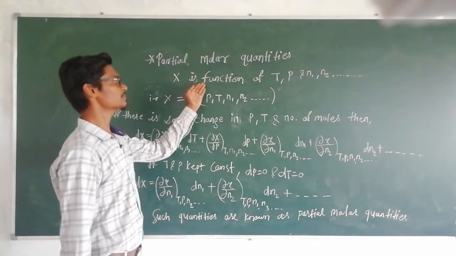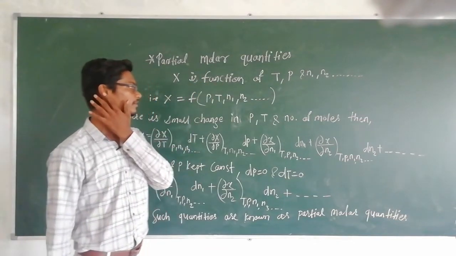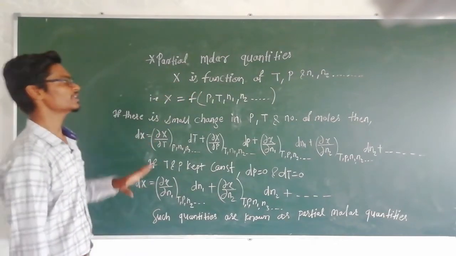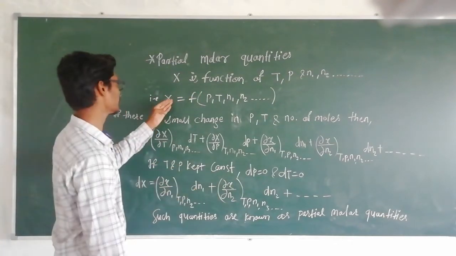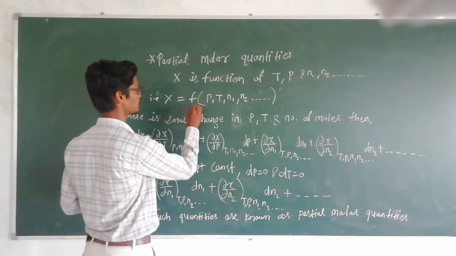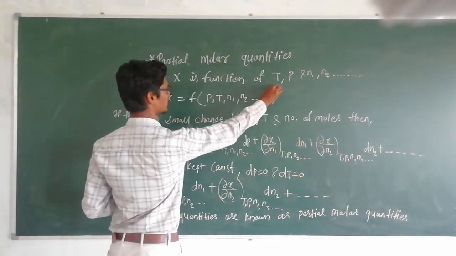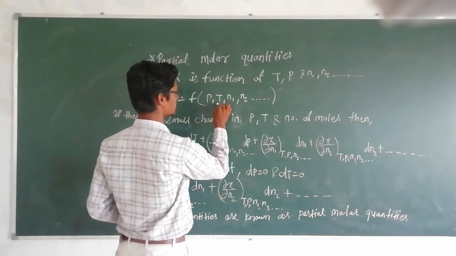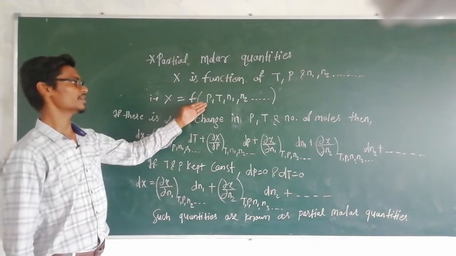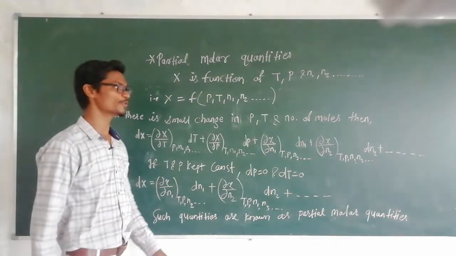So this line is to be written in mathematical form. The mathematical form is x equals a function f of pressure, temperature and the number of moles.